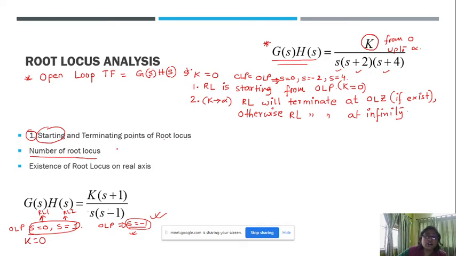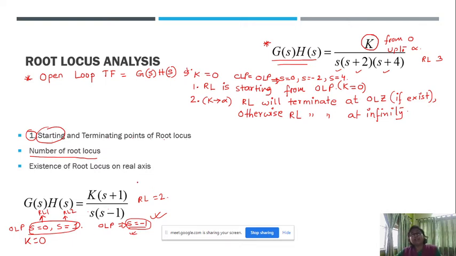The number of open loop poles or the number of open loop zeros, whichever is greater. So here open loop poles are 3, no open loop zeros. So how many root locus branches will be there? 3. Here how many poles? 2 poles and 1 zero. So which is greater? Poles. How many poles? 2. So root locus branches will be 2. Understood?